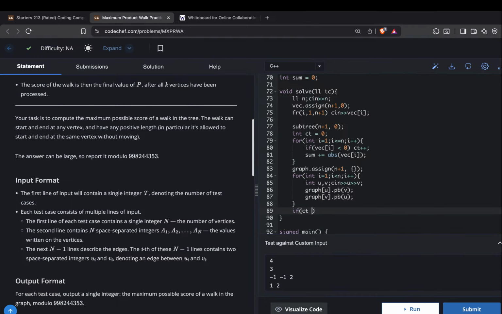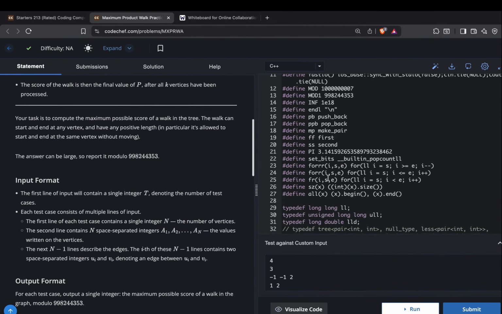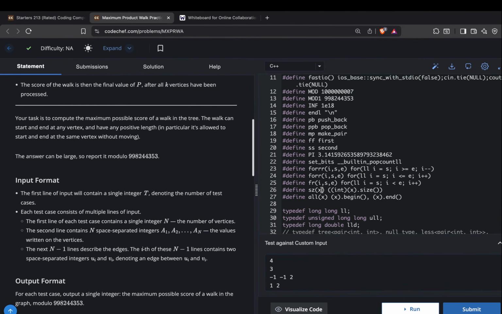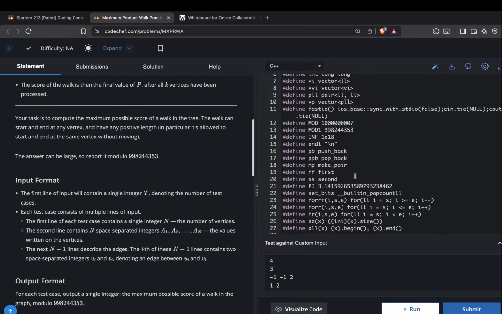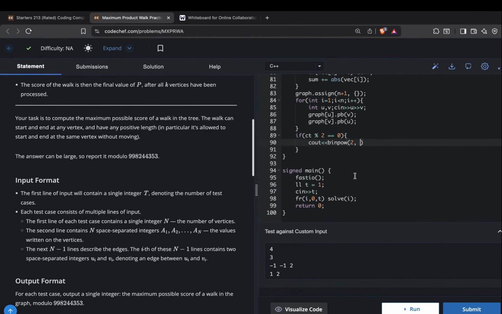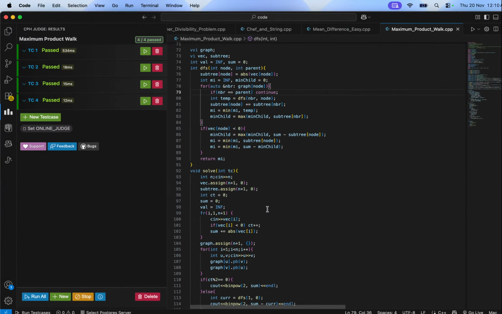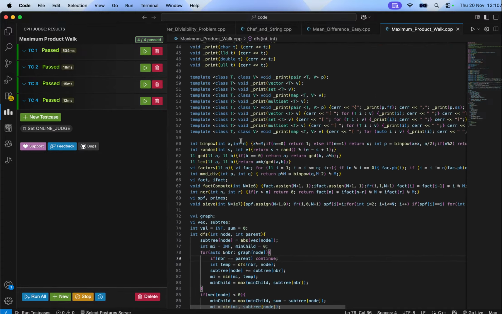The first condition, that is the count of negative nodes is even. The answer is just simple. This bin-pow is binary exponentiation. It is used to calculate a to the power b mod m. The mod is defined here, or maybe I would be needing my template for this scenario.